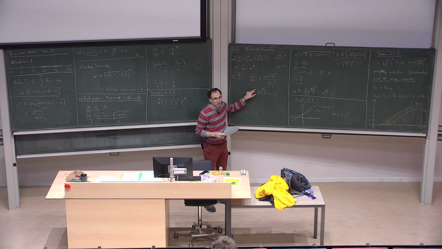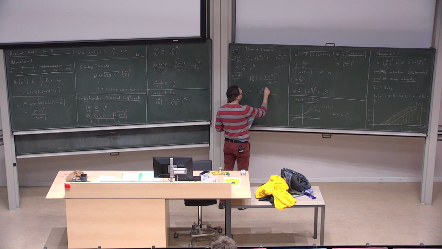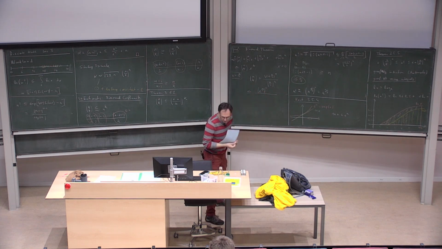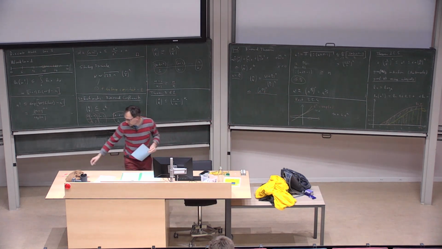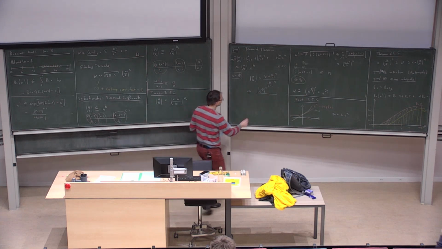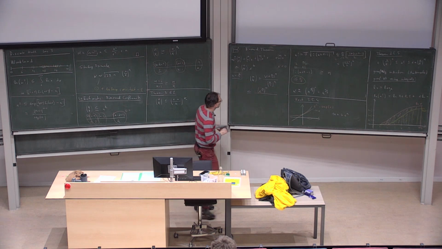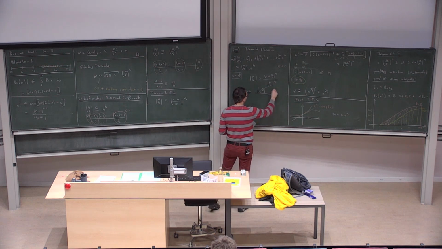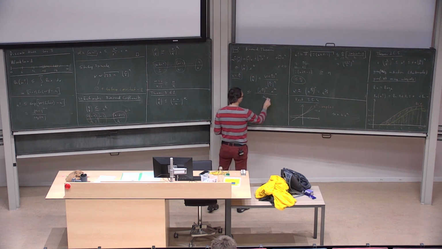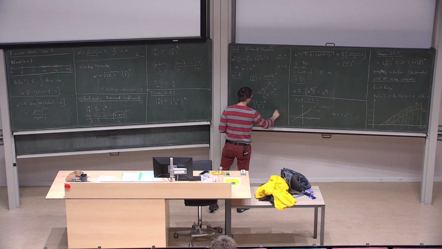You remember? And then we have here to the power of n, so these n's cancel out. And then we get n to the k divided by k to the k. And that's the same as (e times n divided by k) to the k. And that's what we wanted to show.